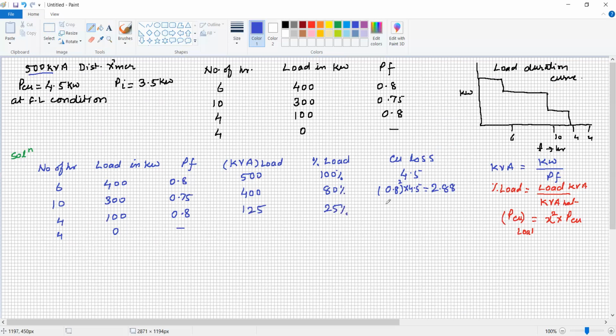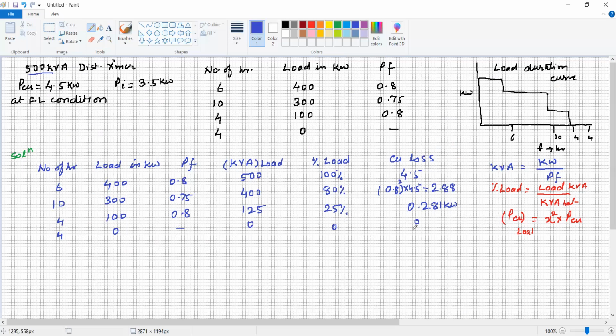So the copper loss comes to around 0.281 kilowatt. Now here the load is 0%, and the copper loss is 0.